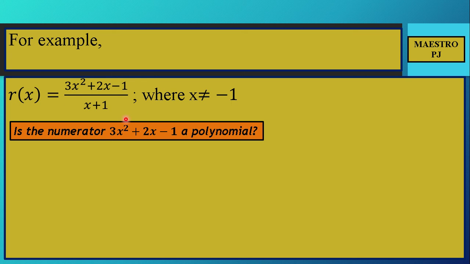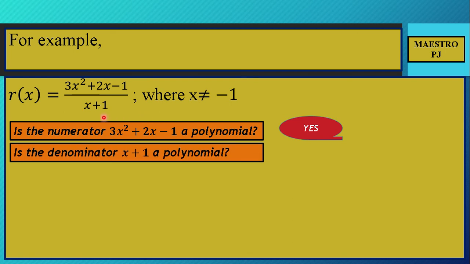Yung numerator ba natin may negative na exponent? Wala po. May fractional exponent ba siya? Wala. Therefore, the numerator is a polynomial. Yes. Is the denominator x plus 1 a polynomial? Wala naman tayong negative exponent dyan. Wala din tayong fractional exponent. Definitely, the denominator is a polynomial. So therefore, the function r of x is a rational function.